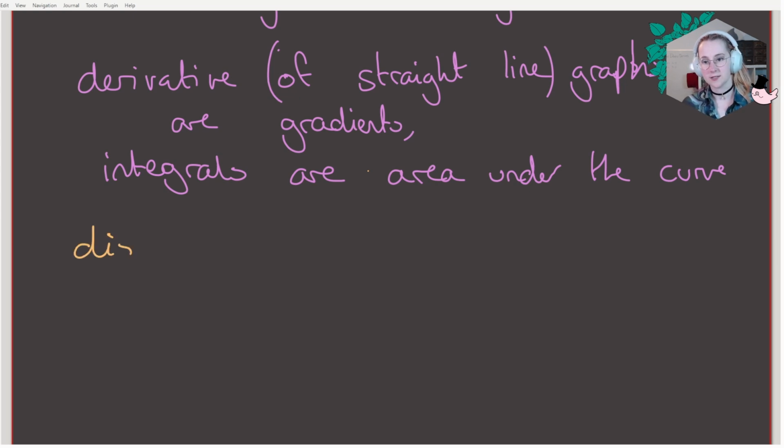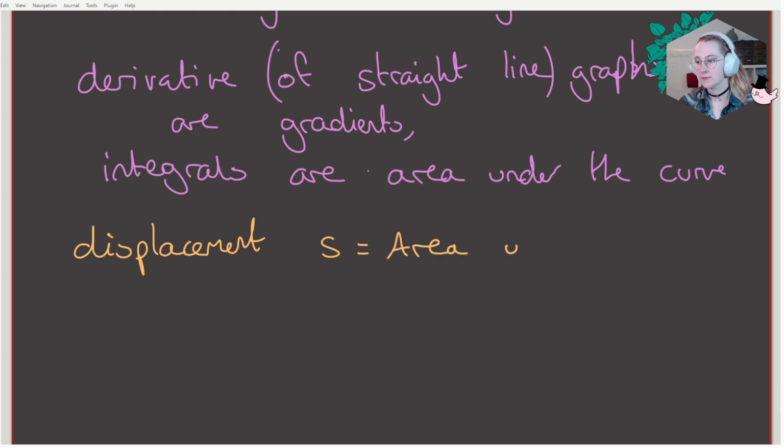So we call displacement s rather than x, and it is the area. It's going to be that rectangular bit that I'm going to call 1 plus that triangular bit that I'm going to call 2.